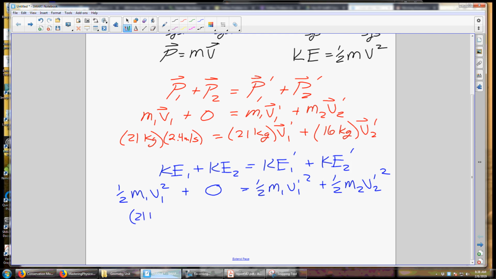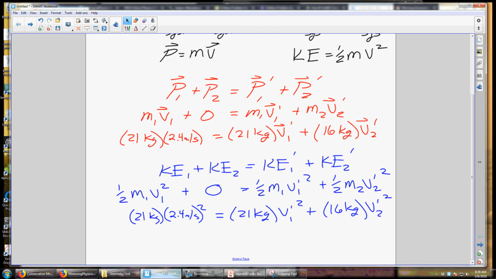So I'd have 21 kilograms times 2.4 meters per second squared equals 21 kilograms times V1 prime squared plus 16 kilograms V2 prime squared. And again, I'm stuck because I again have an equation with two unknowns and I can't go any further.